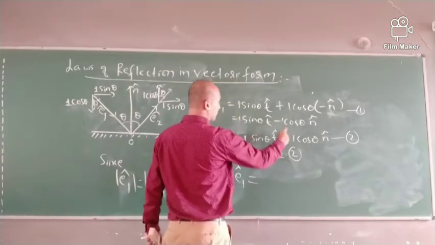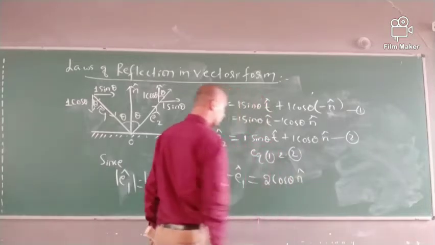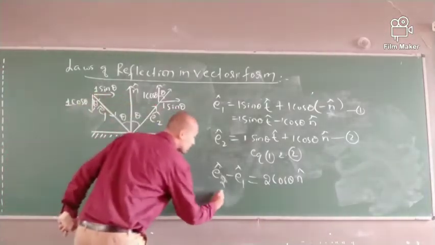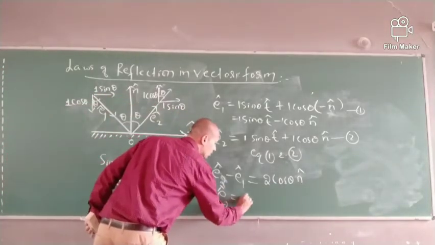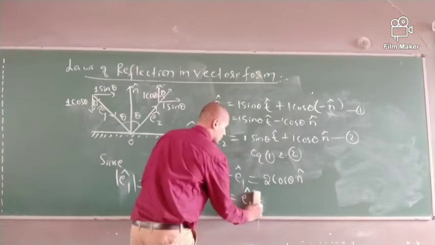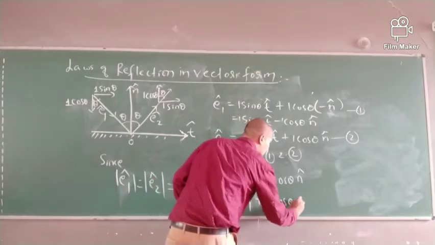Here this will become plus, so you will get 2 cos theta. Or E2 cap will be equal to E1 cap plus 2 cos theta.